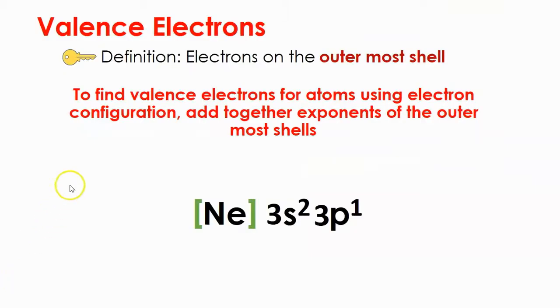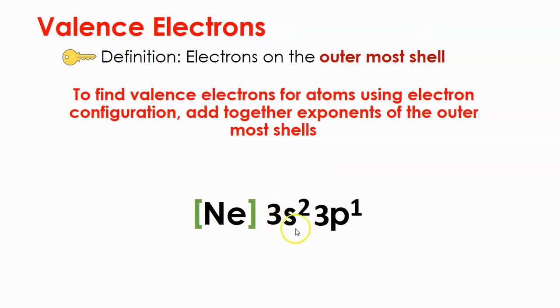The last thing that we're going to discuss in this video is valence electrons. The definition for valence electrons is the electrons that are on the outermost shell. If you're taking a look at electron configuration, this is for aluminum. To find the valence electrons for atoms using electron configuration, you add together the exponents of the outermost shell. Those are the principal quantum numbers that are the highest.